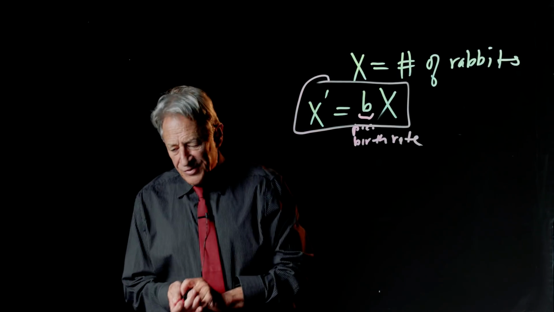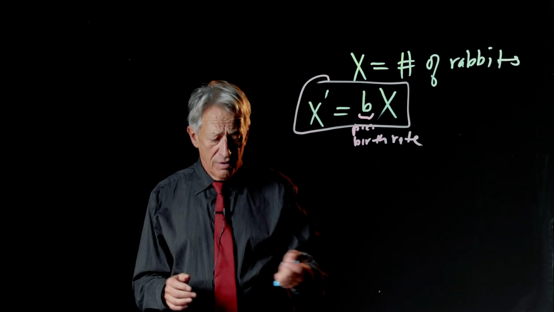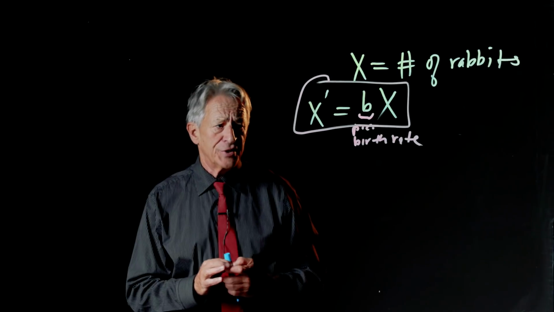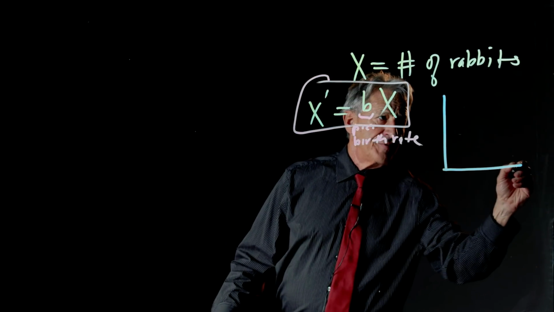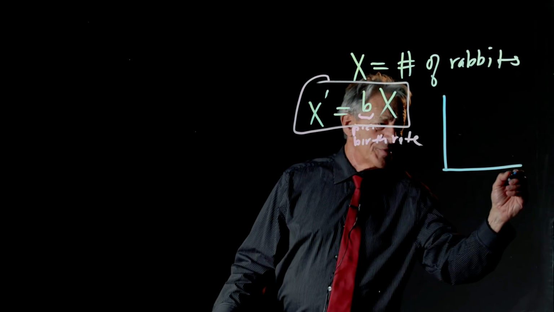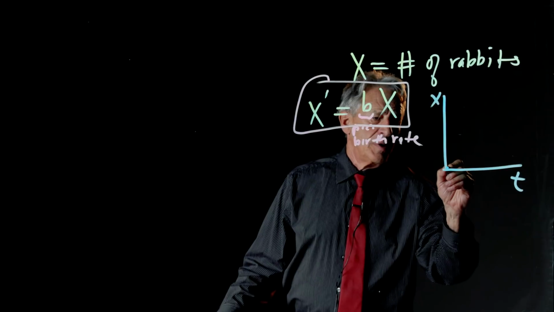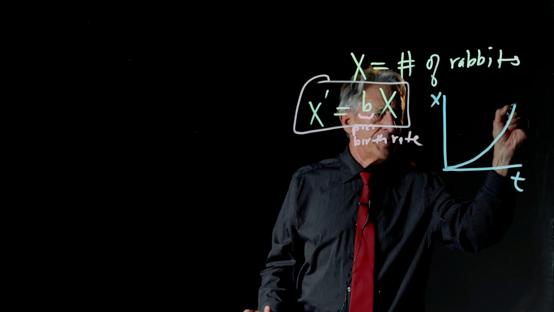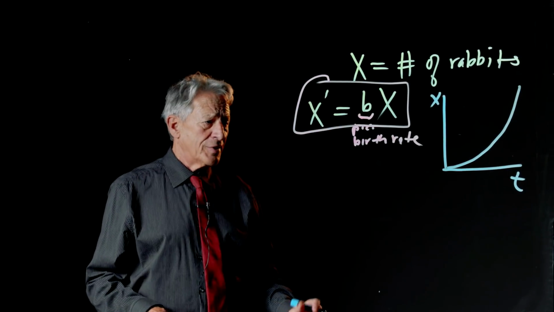It predicts a certain kind of behavior, which you can graph by just plugging this in and choosing an initial condition in SAGE. But the time behavior that's predicted by this model of rabbits as a function of time is that since the growth rate is always positive, the population is going to get bigger and bigger and bigger.